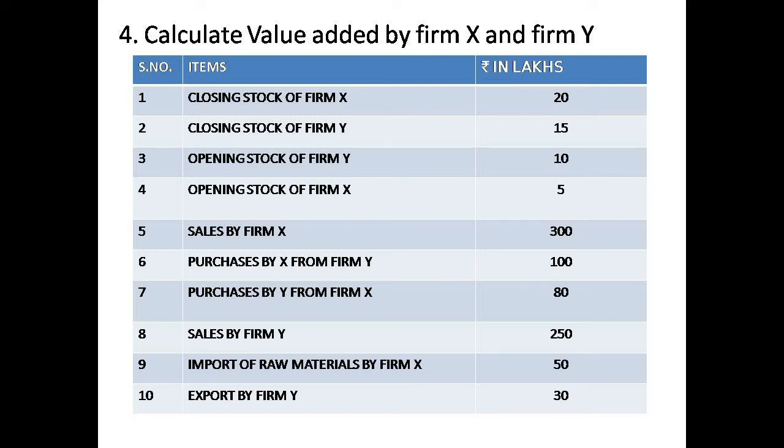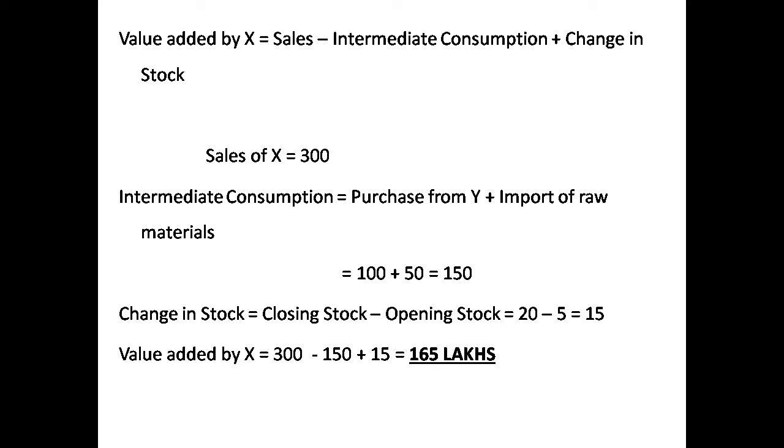Let us first calculate for the first firm. Here the first firm is firm X. So value added by firm X is equal to sales minus intermediate consumption plus change in stock. Sales of firm X is given. It is 300. Intermediate consumption is not given directly. Purchase from Y, import of raw materials. See, a firm is purchasing what? It is purchasing raw materials.